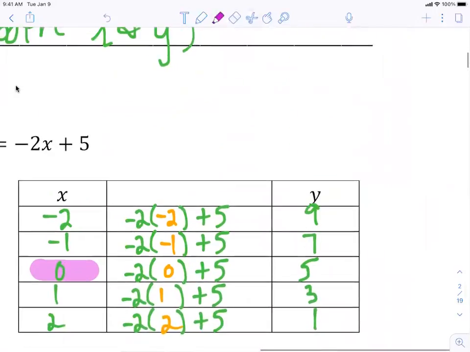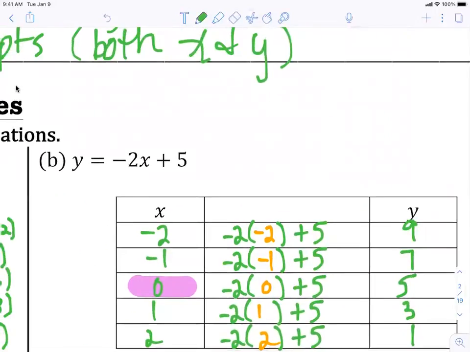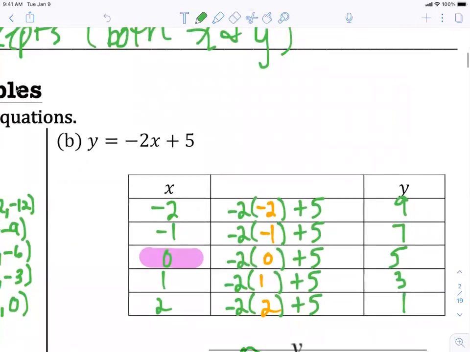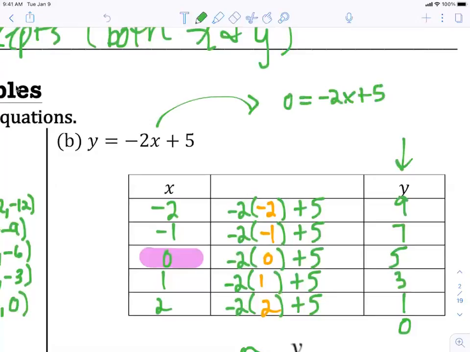Sure. If I go back up to my table, you can use your equation the reverse way. If I want to know when my y value is 0, let's go back into our equation and plug it in. All you have to do is plug it back in and solve. So I would start by subtracting 5 over to this side. We're going to get -5 is equal to -2x.